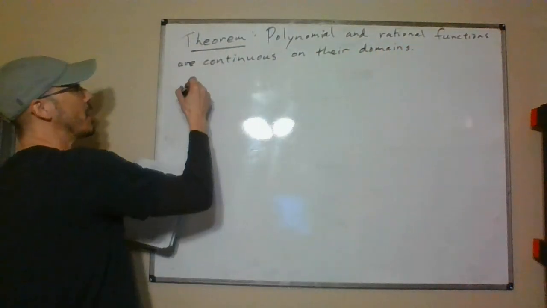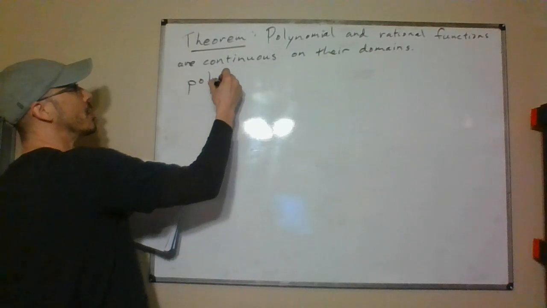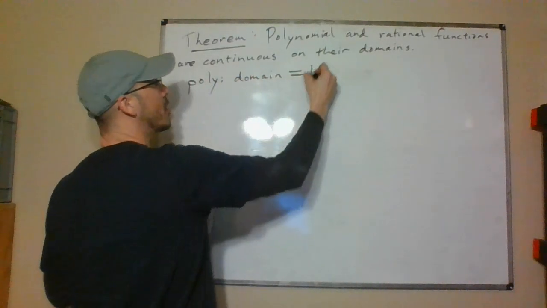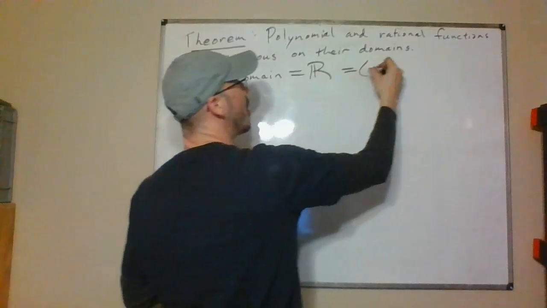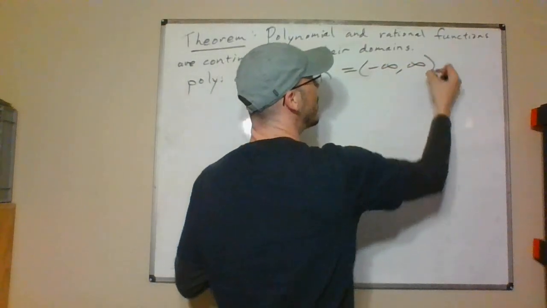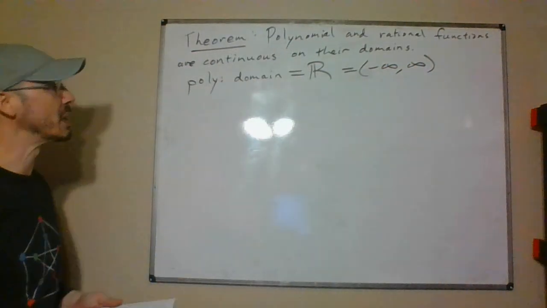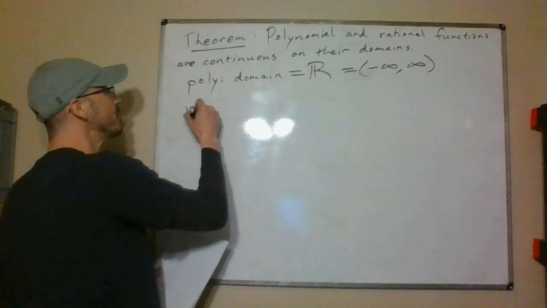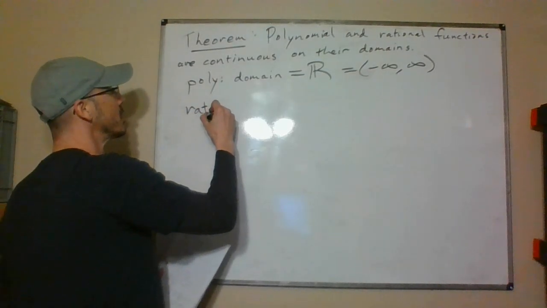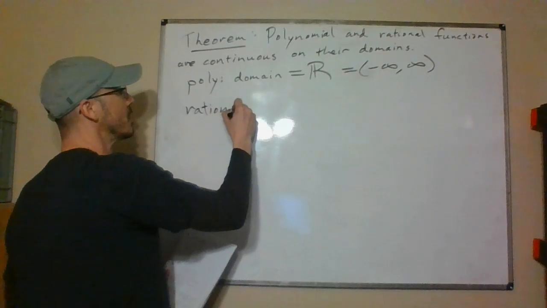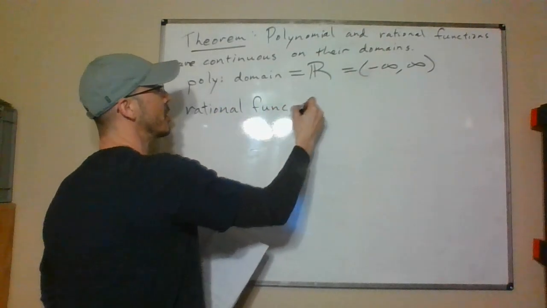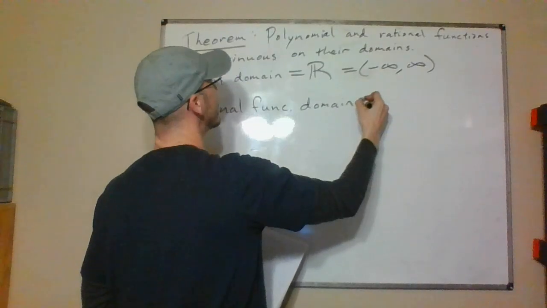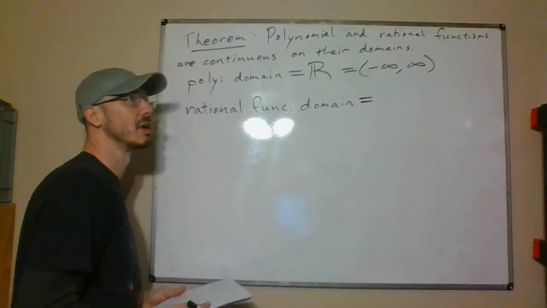And remember, a polynomial's domain is all real numbers, negative infinity to infinity. A polynomial domain is anything. A rational function domain is, how can we say this?